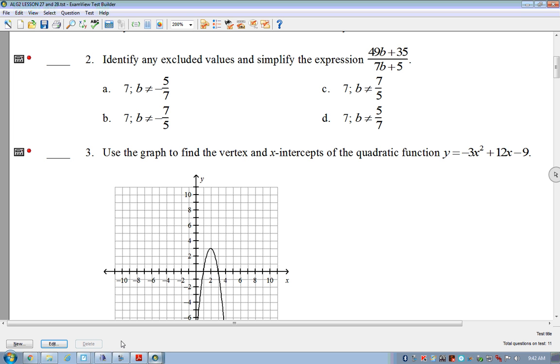We worked out a couple examples like this a little bit ago. The denominator cannot be equal to 0, so shouldn't we find out what would cause the denominator to equal 0? That would help me find the excluded value, right? So what would you do then?